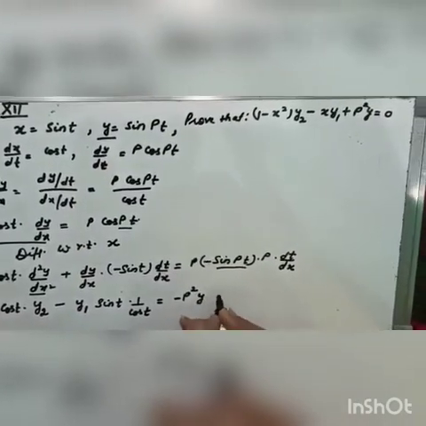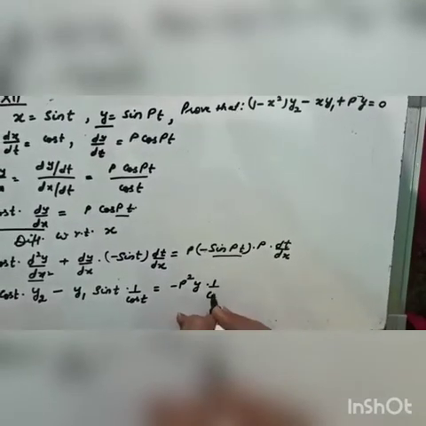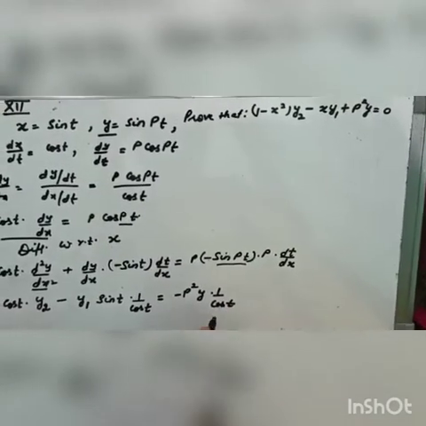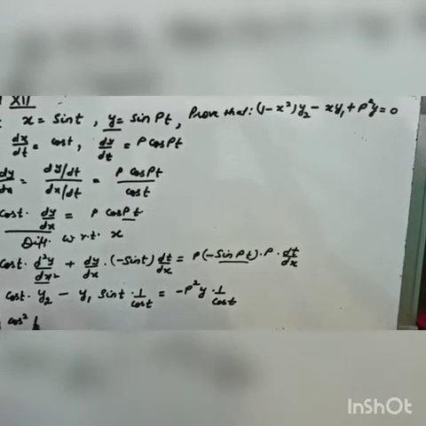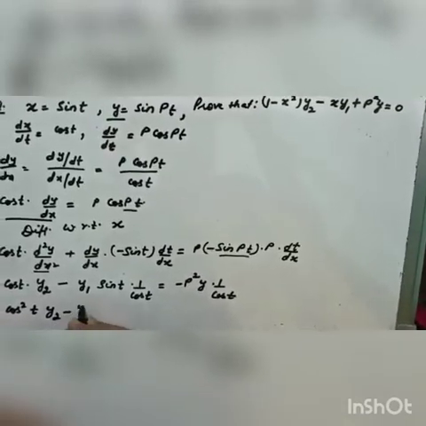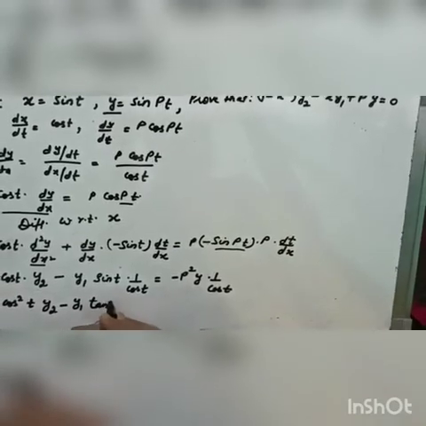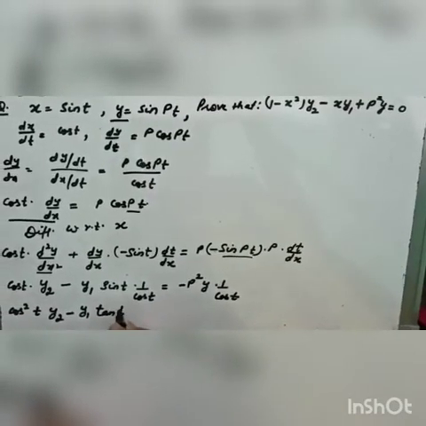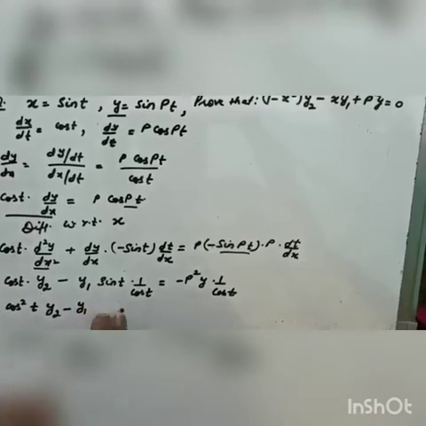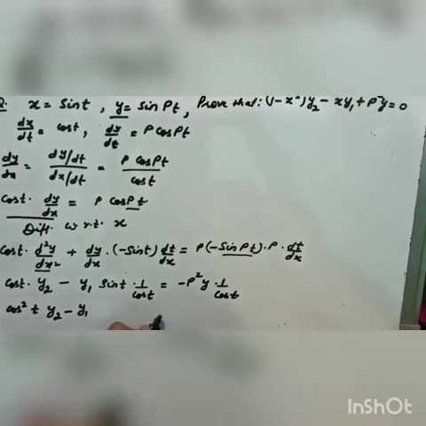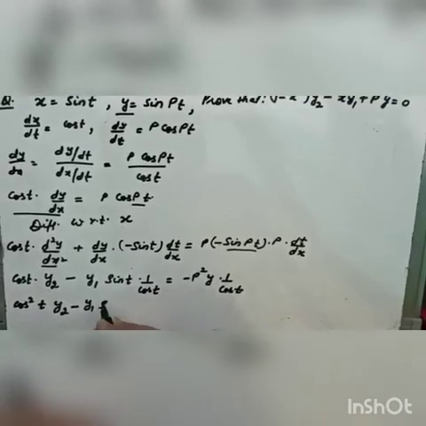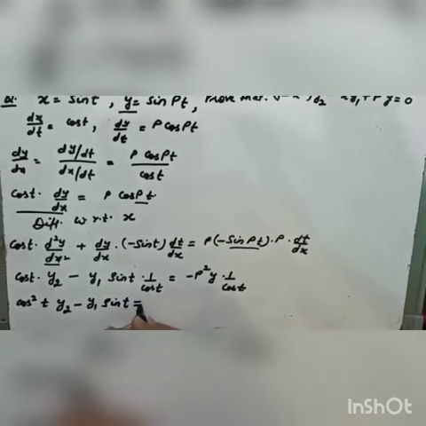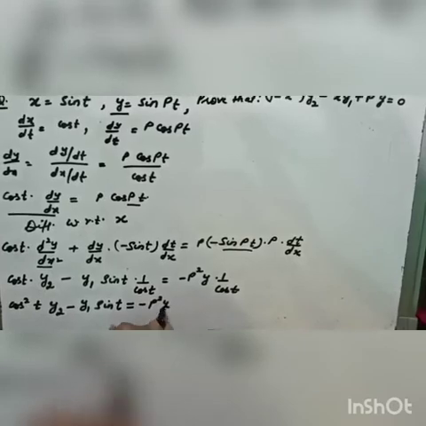So this dt by dx is again 1 by cos t. Now again take this cos t on the other side. So we have cos square t y2 minus y1 tan t, let it be as it is. So when you take this cos t on this side, this cos t and cos t will cancel. It is only sin t equal to minus p square y.